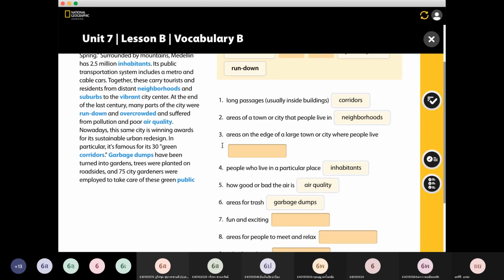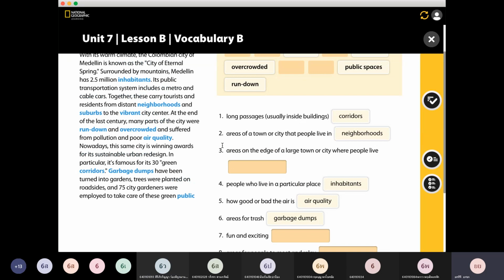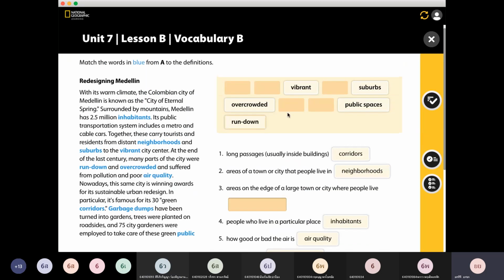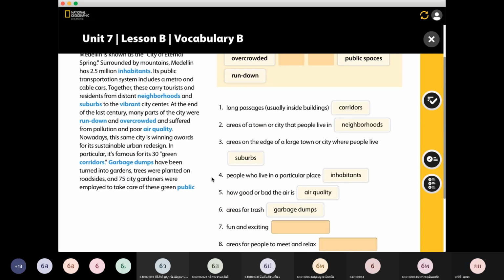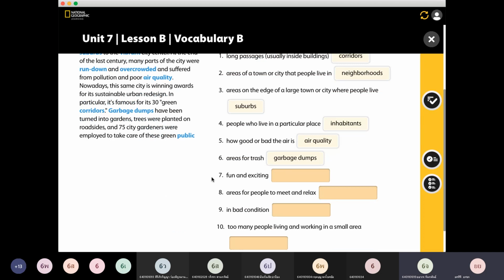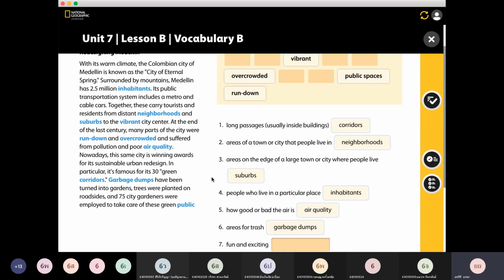Number 3, suburb. Okay, areas on the edge of large towns. So you say suburbs. Number 8, public space. Okay, areas for people to meet and relax.